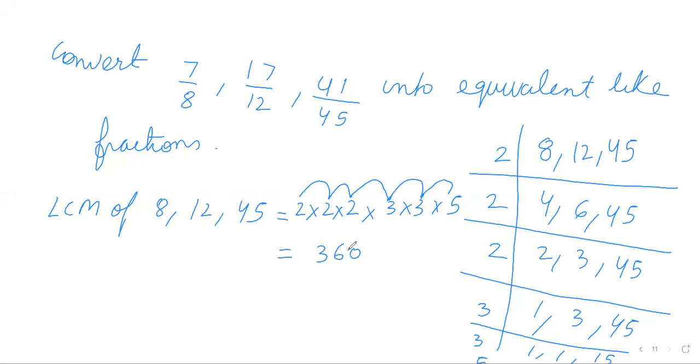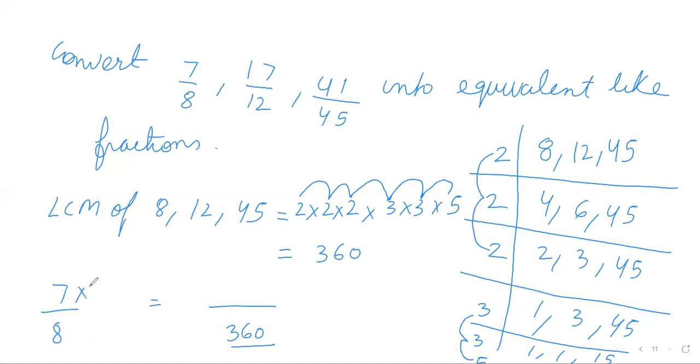So see 7 by 8, if I want to change the denominator into 360, what should I multiply to both numerator as well as denominator? From the LCM, 2 2s are 4, 4 2s are 8, so 8 is already there. What should I multiply? 5 3s are 15, 15 3s are 45.